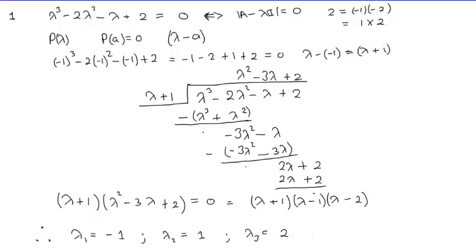So there we are. We've got 3 eigenvalues, minus 1, 1, and 2. So what was important in this approach, I think this helped us to revise how we can factorize polynomials using the factor theorem and some theories of factorizing, theories on rational roots of polynomials.